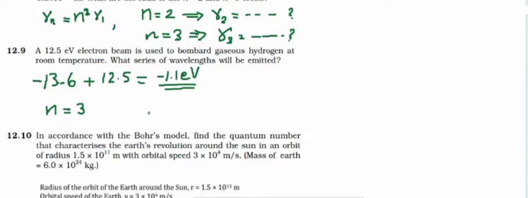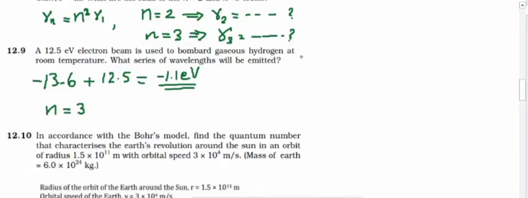The electron in the hydrogen will be excited to third level. That means second excited level. Now, from that excited level, what happens? The electron will de-excite to the lower energy levels. What are the possibilities of de-excitement? You have the possibilities like this.